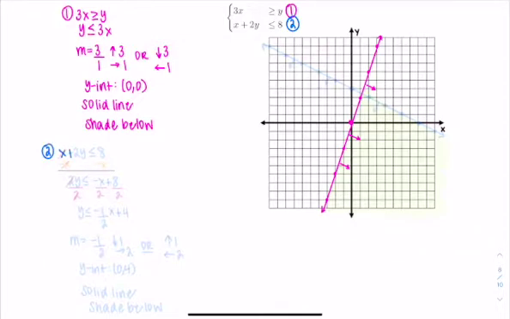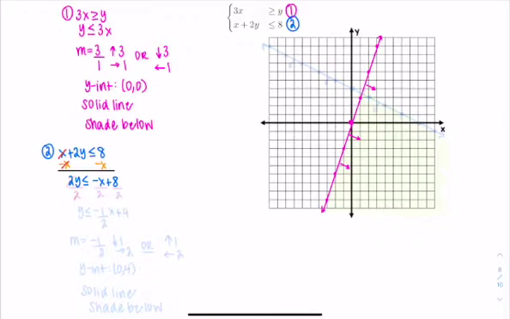Now let's look at the second inequality. We've got x plus 2y is less than or equal to 8. So I want to put this into slope-intercept form. I'm going to subtract x from both sides, and it ends up canceling on the left. And we get 2y is less than or equal to negative x plus 8.